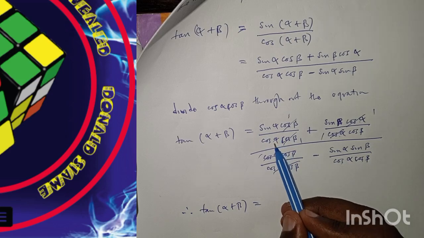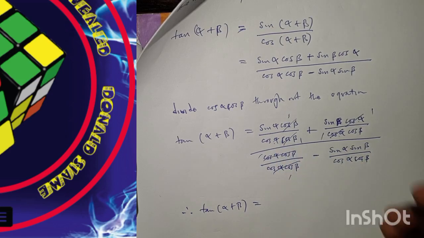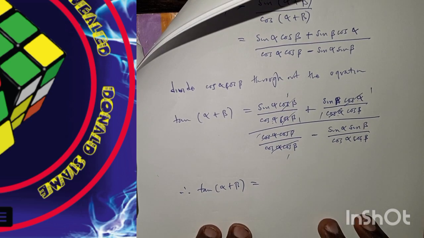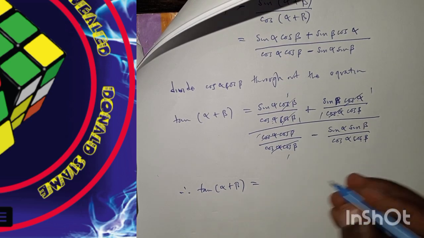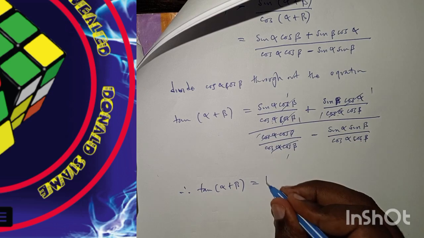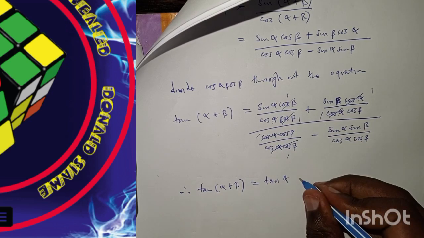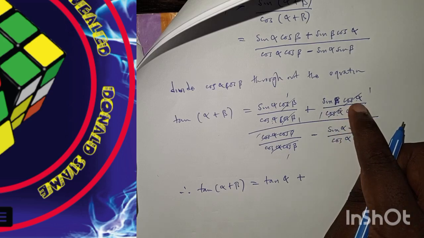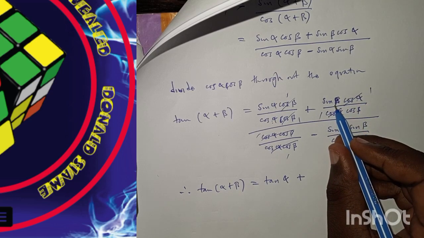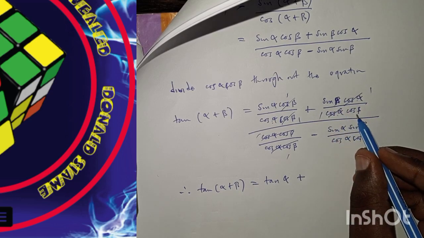Sine alpha divided by cos alpha is just equal to what? Tan alpha. Sine divided by cos is equal to tan. So this is equal to tan alpha plus, here we remained with what? Sine beta over what? Cos beta.